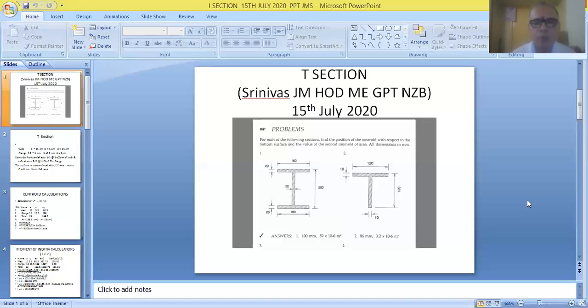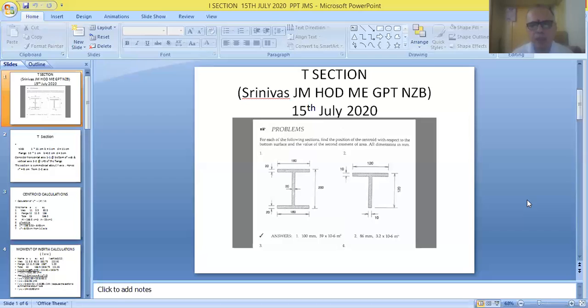So you have to remove the depth of the flange from this value. That is 10 millimeter. So 120 minus 10 comes to 110 millimeter. Therefore, the depth of the web has to be taken as 11 centimeter, and naturally, the width of the web has to be taken as 1 centimeter.